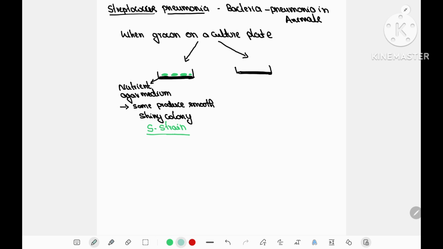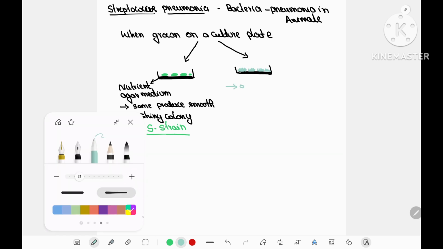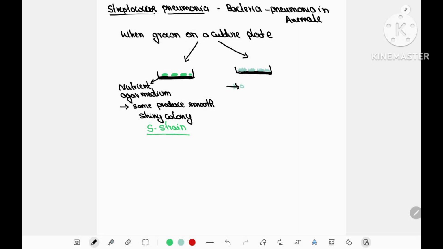And when the same bacteria are grown on a nutrient medium, some may produce rough colonies having edges, so here you can finely differentiate between the two. Those rough colony producing bacteria are called R strain, which means what?